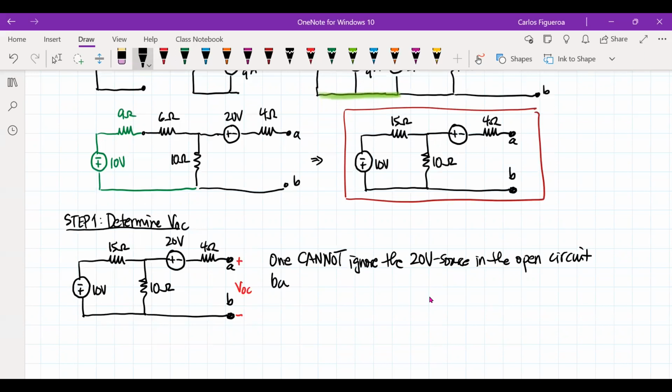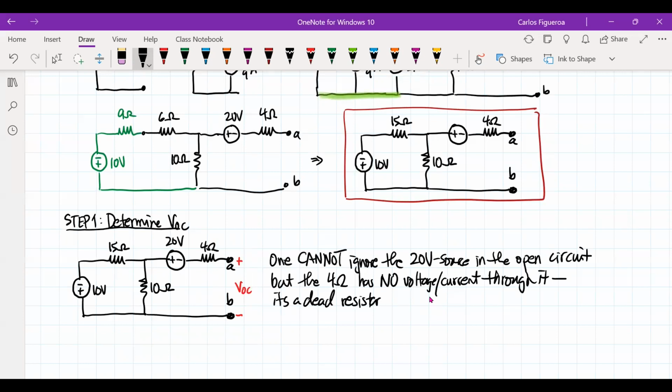But the 4 ohm has no voltage or current through it, so that means it's a dead resistor.